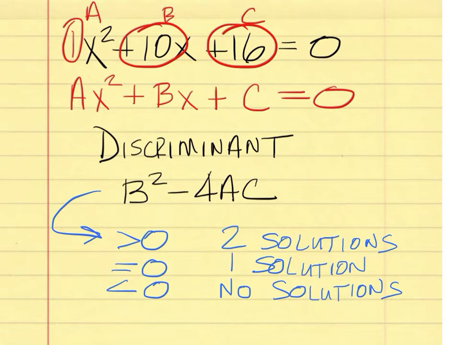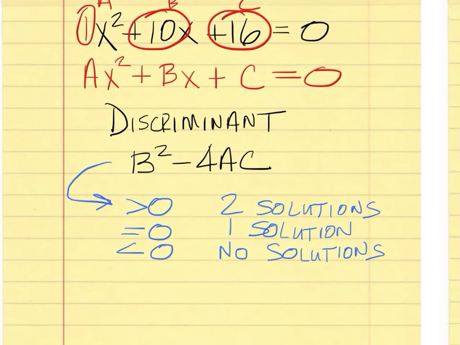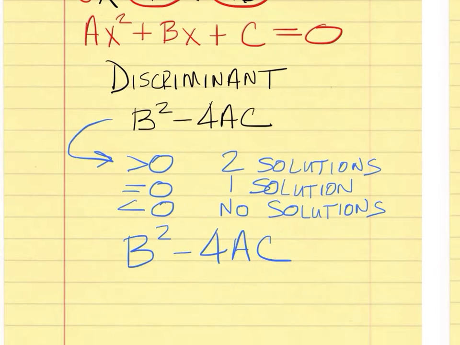So from this example, we are going to figure out how many solutions there are for x squared plus 10x plus 16 equals 0. Again, this is the discriminant, b squared minus 4ac. What is b? 10x. No, 10. It is 10, yes.